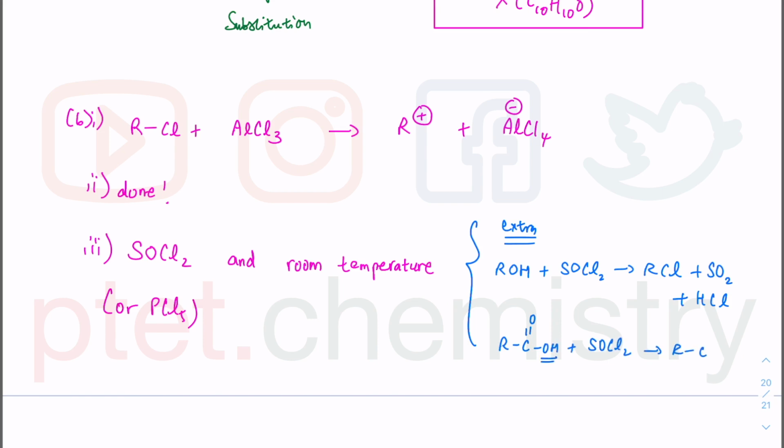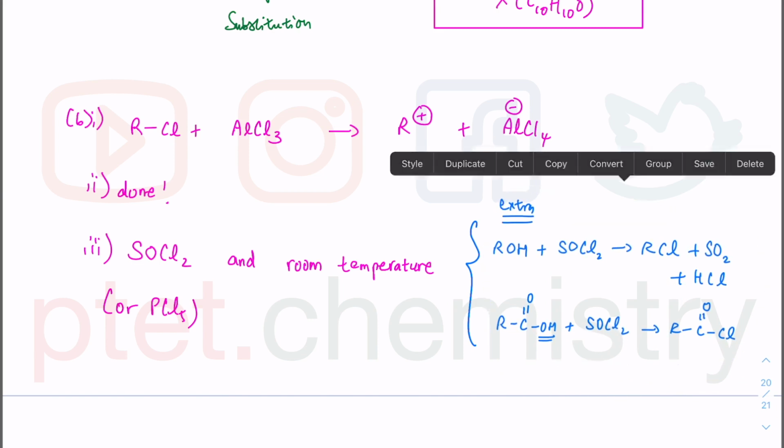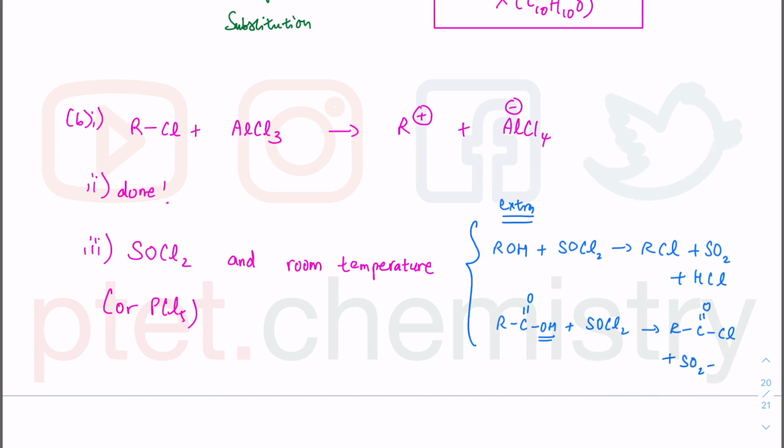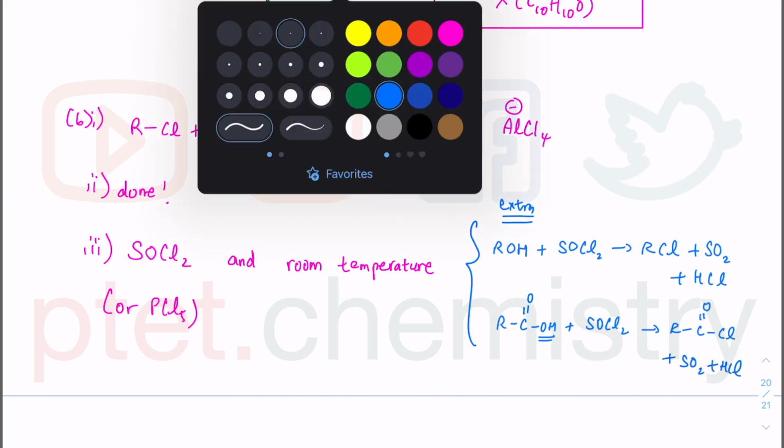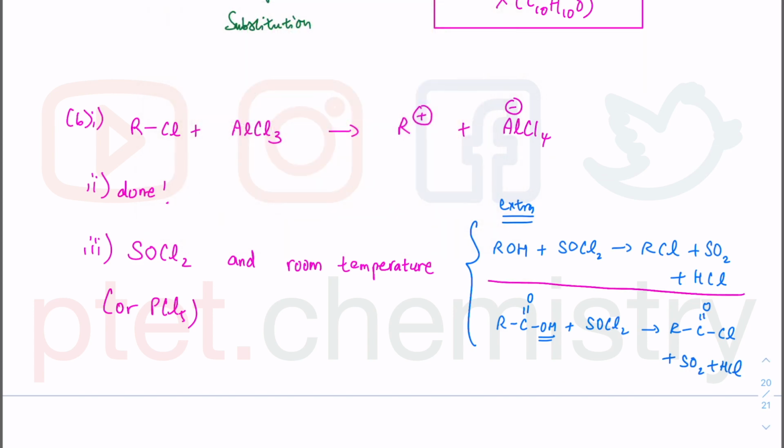Then you're going to get acyl chloride, which is RCOCl, and you will also kick out SO2, and you will also kick out HCl as well. So you see they are very similar. One thing you have learned in AS, and the other thing is A2, but in an A2 setting, they can ask you anything from AS in A2 paper because it's within their right to.